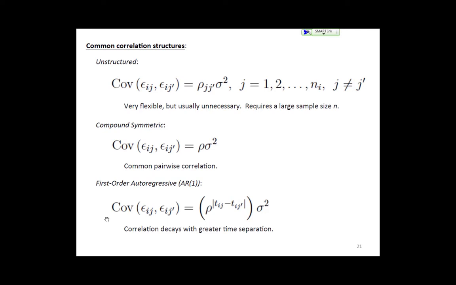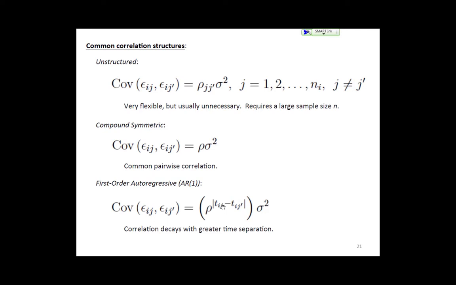It says that the covariance between two observations on the same individual in a time course setting is equal to rho, so there is just one rho, but we modify it by raising it to the power of the absolute difference in the time points. So if T_ij and T_ij' are really close to each other, then the correlation is allowed to be closest to its true value.